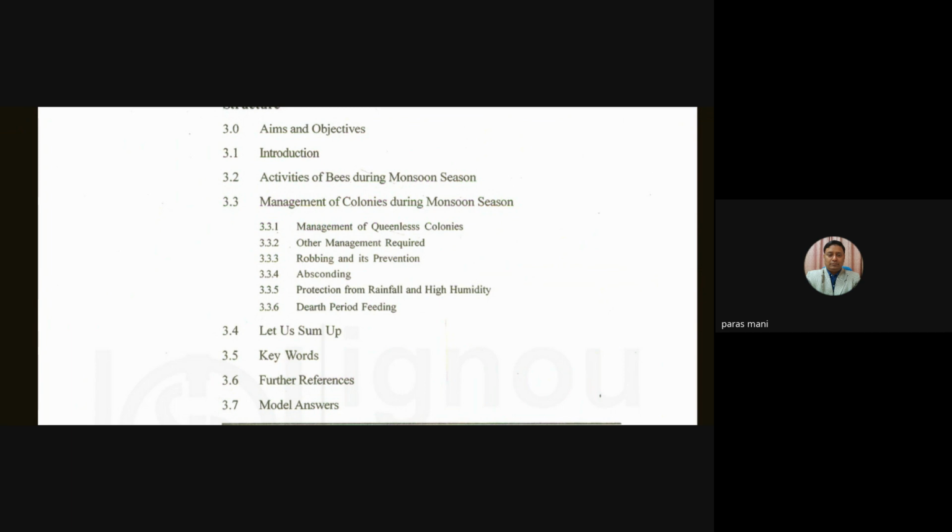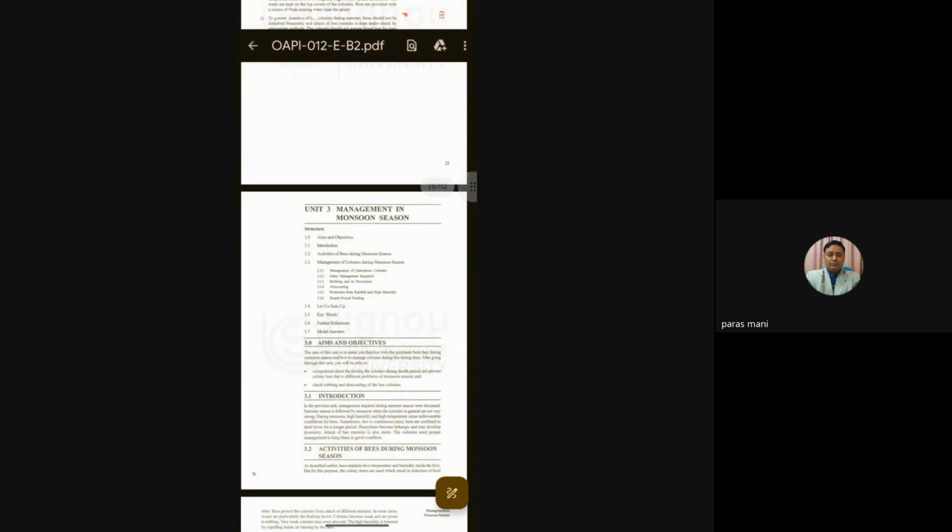We have to place the colony in proper protected condition, so that during heavy winds, the rain doesn't splash into the bee box, which may lead to fungal infections, or any microbial growth in the colony.